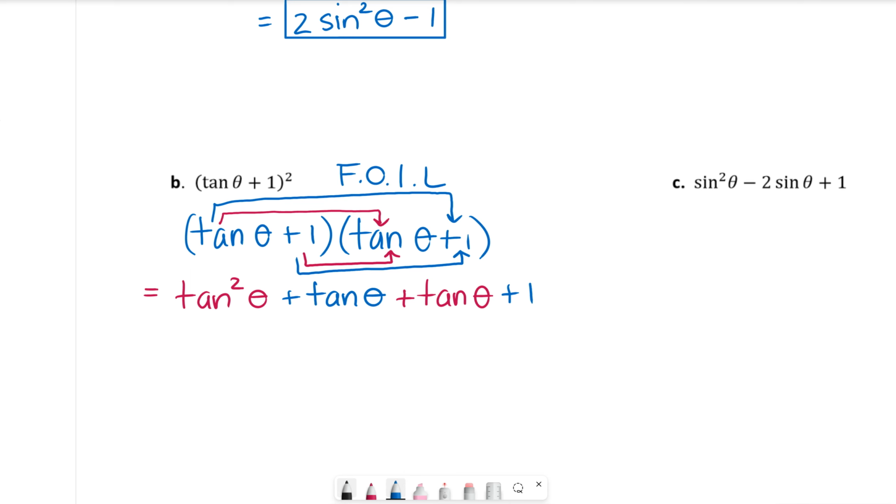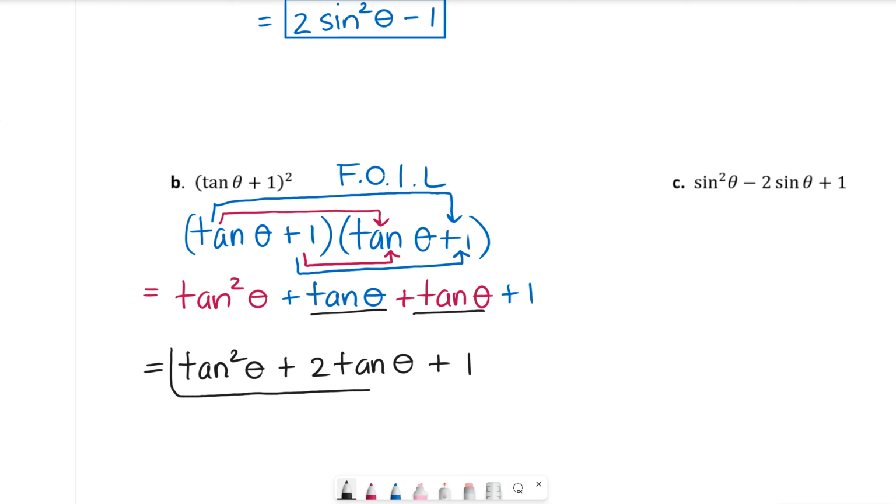So here you do multiply first, outer, inner, last. So bring down tangent squared theta plus 2 tangents, since this and this are like terms, and then the +1. So here, distribute all your terms.